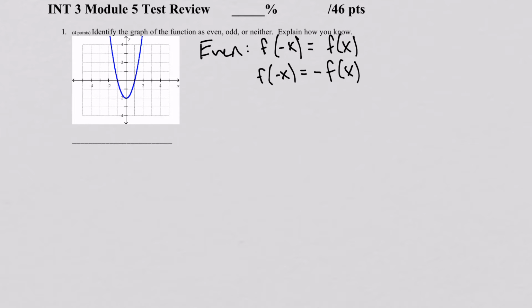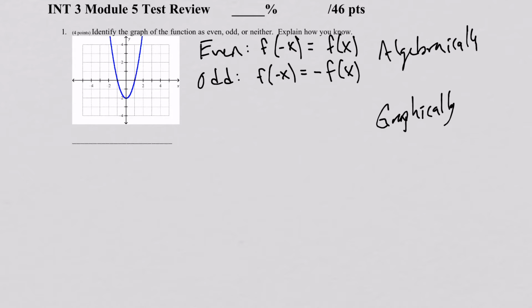Now if it's not algebraic, if it's graphical, then you can tell. That's algebraically. Graphically, you can tell if it's even by looking at the graph and seeing if it's symmetrical.